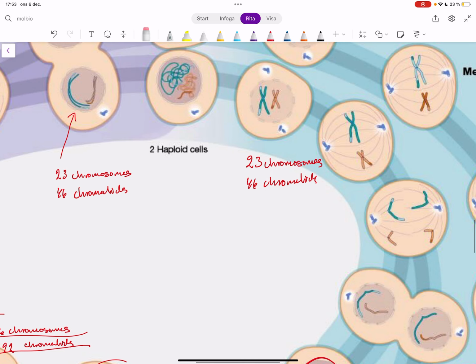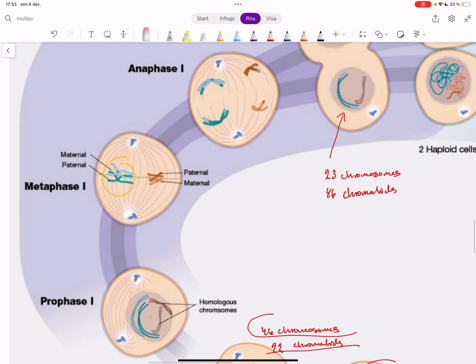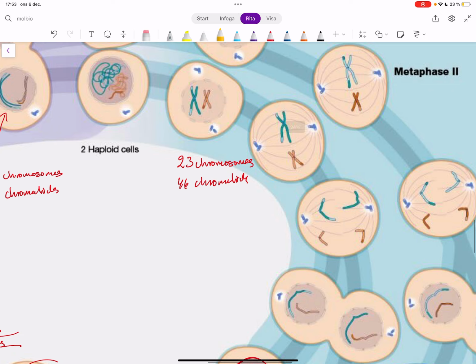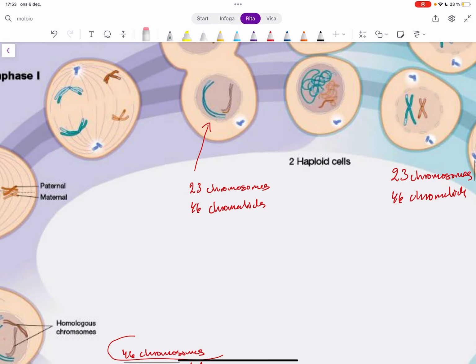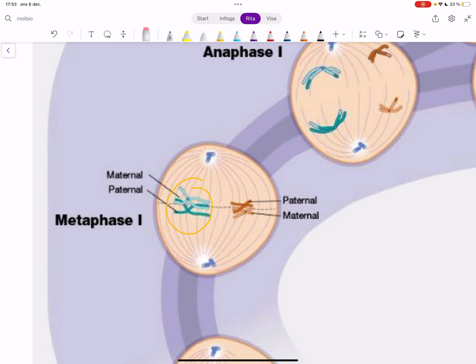First of all, it's a bivalent chromosome, so that means it has to be meiosis. And because there is no homologous chromosome right here, that means it's meiosis 2. And as I told you earlier about chiasmata, you can see that it is only the chiasmata that is holding them together.